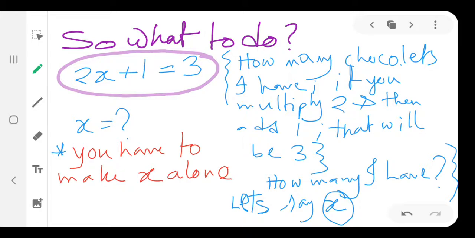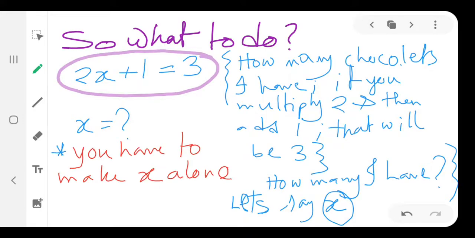Why? x is like a prisoner, a culprit. He is a super culprit. He is very intelligent and he is not going to tell anything to the police if he is not alone. When he is with his friends, like here, 2 is his friend, 1 is his friend, he will not tell you the truth. So always treat x as a prisoner.